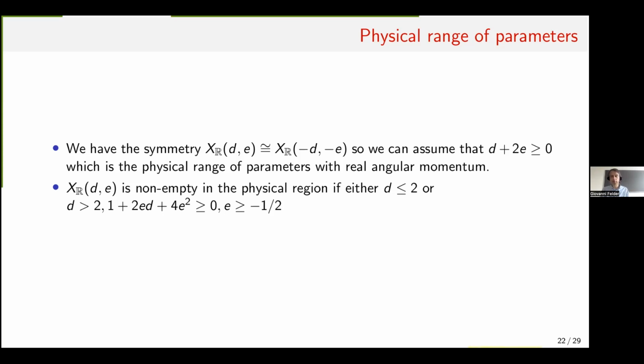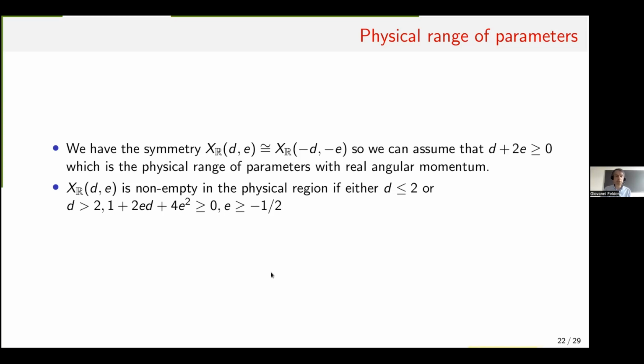If you take minus D and minus E, you would get imaginary angular momentum. So this is the physical region, and the level set is non-empty if either this is less than 2 or you have these inequalities here.